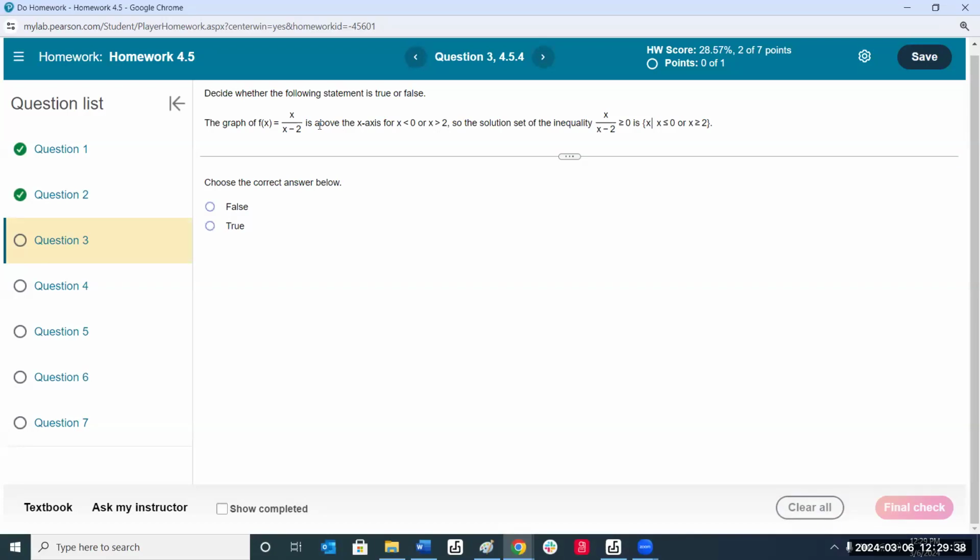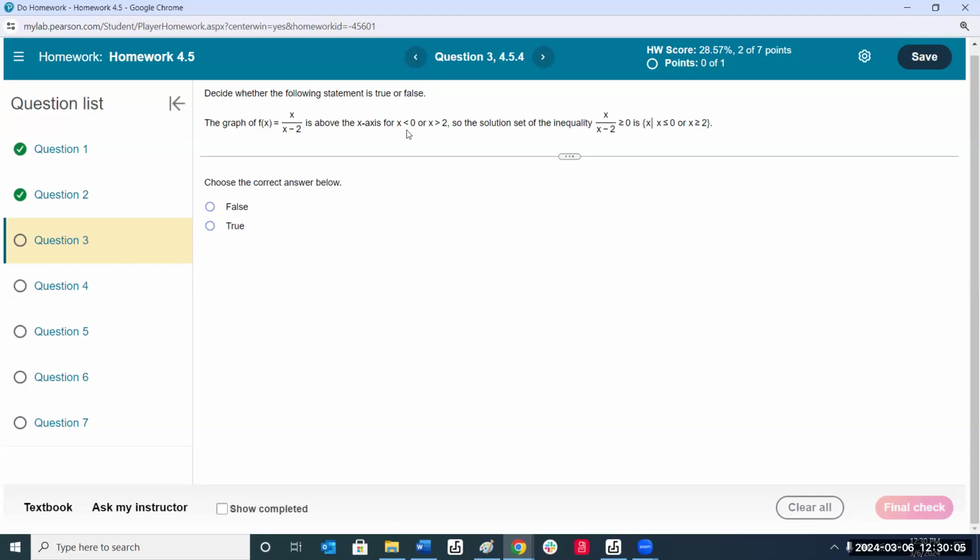The function is above the x-axis when x is less than 0. So when x is less than 0, here the graph is above the x-axis, or when x is greater than 2. That means it has to be below the x-axis between 0 and 2. So is that the truth?